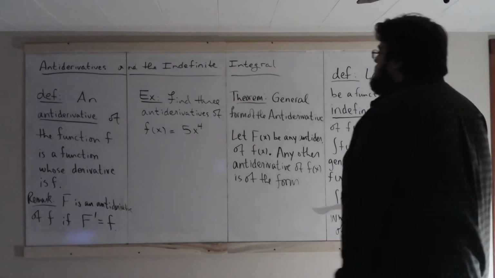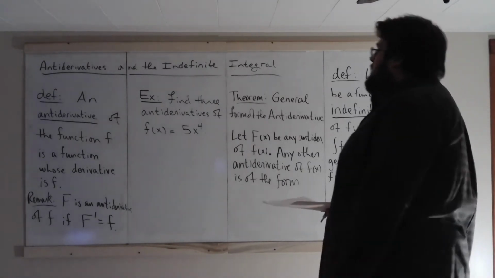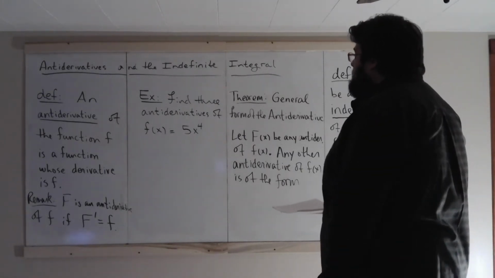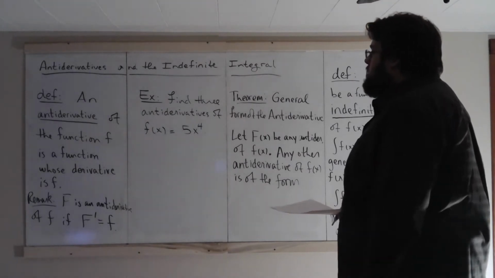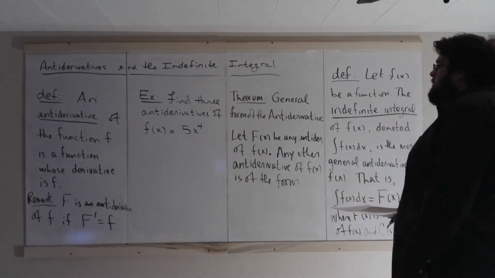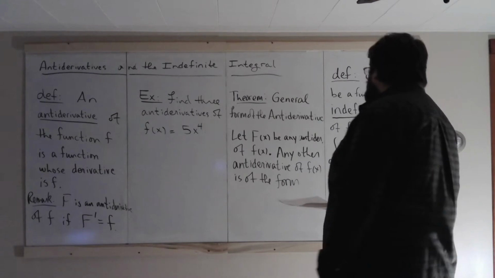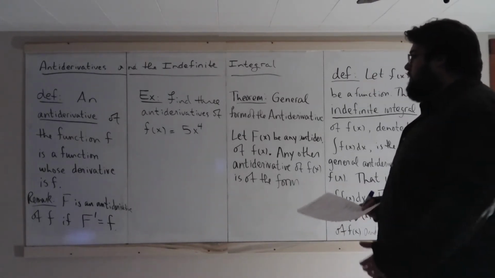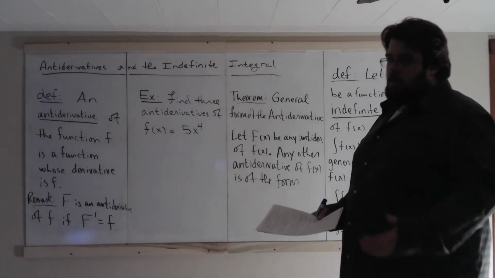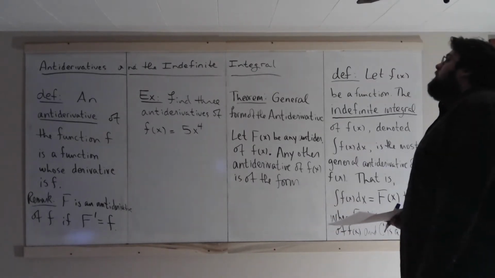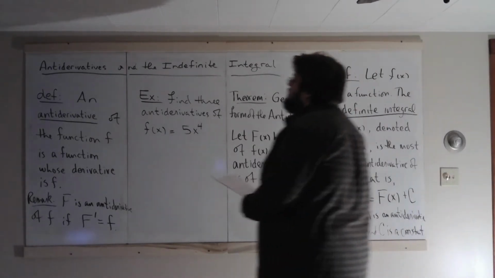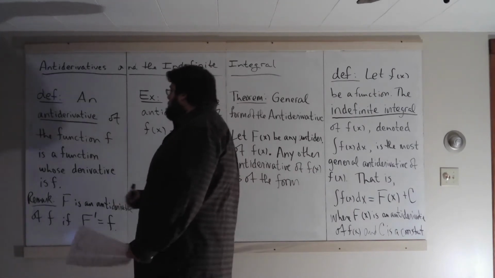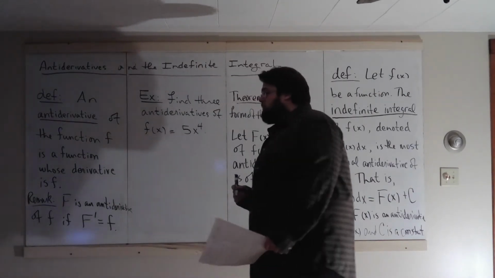So to formally define the antiderivative, an antiderivative of the function f is a new function whose derivative is f. So it's relatively standard in antiderivative and indefinite integral discussion to have a lowercase f and a capital F. So here, notice, an antiderivative of the function lowercase f is a function whose derivative is lowercase f.